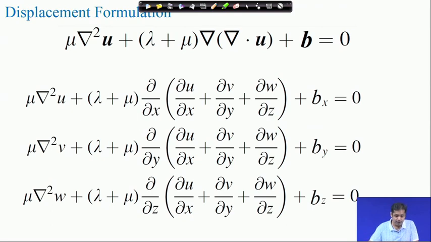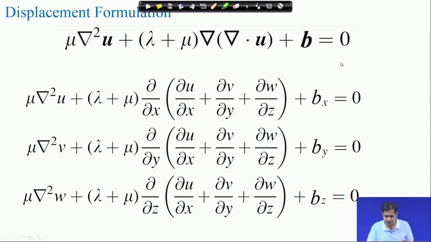Please note here that u, v, w are the components of u, where you write this u. Here it is u, v, w, these are the components. Okay. All these u, v, w are scalars, but here you can easily see u is written in bold letter. So, it is a vector.